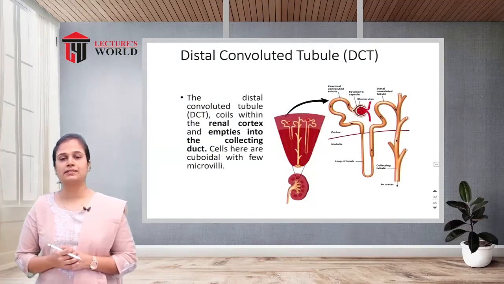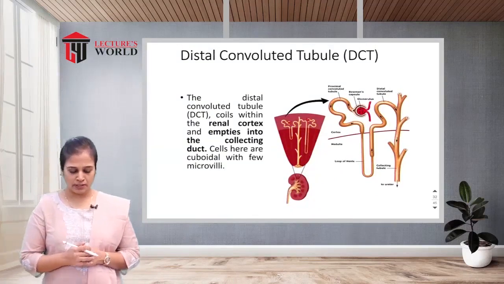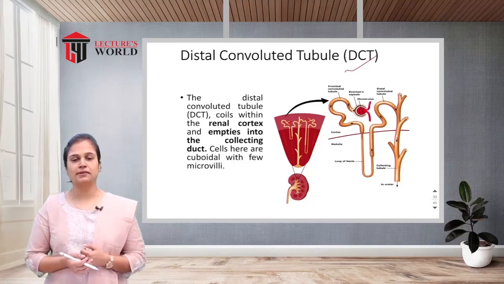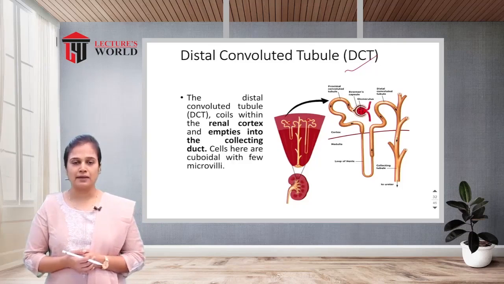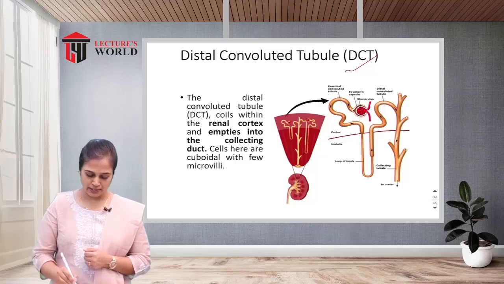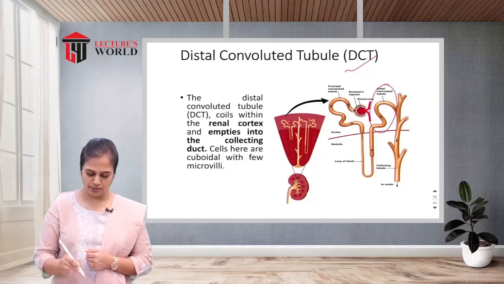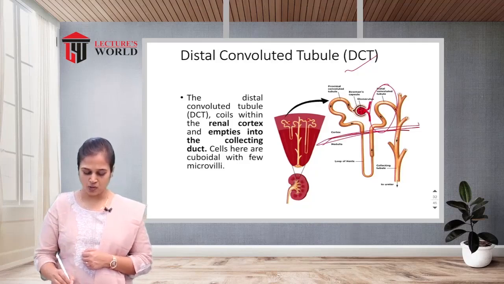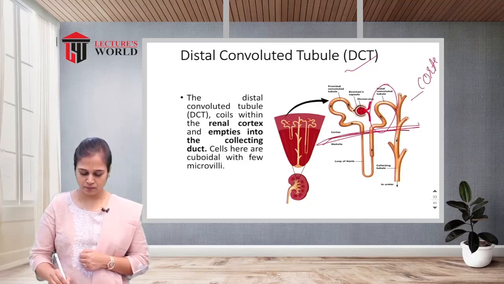We'll talk about the distal convoluted tubule, in short called DCT. The distal convoluted tubule coils within the renal cortex and empties into the collecting duct. So you can see this is the distal convoluted tubule. This is the line which bifurcates the cortex, and this is the medulla.